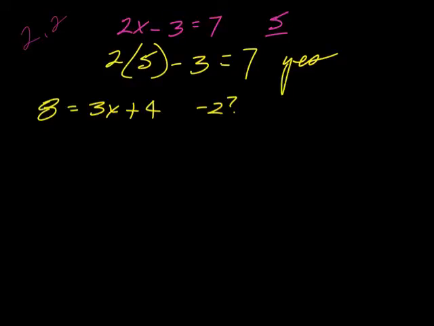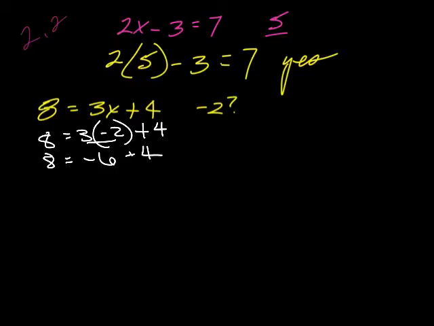If we take 8 and we put 3 times negative 2 in for x, we get 8 equals 3 times negative 2, which is negative 6, plus 4. 8 equals, the difference between those two is 2. Put the sign of the largest one on there. No, it is not the case. So negative 2 does not give us a true solution or a correct solution. So therefore, negative 2 is not one of the answers.